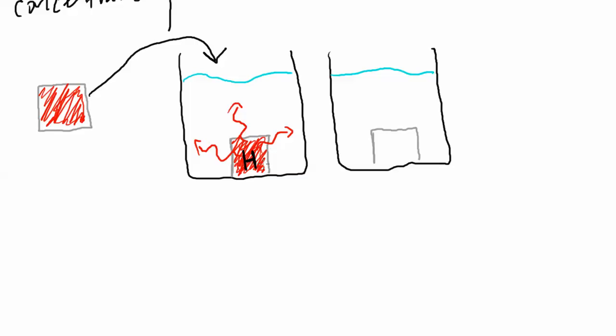There's a lot of energy in that little bit of matter. Whereas the water represents a low concentration of energy. And that's why the heat moves from the cube out into the water. And then eventually the heat will continue to move from that high to low area until the water and the cube have the same concentration of energy.